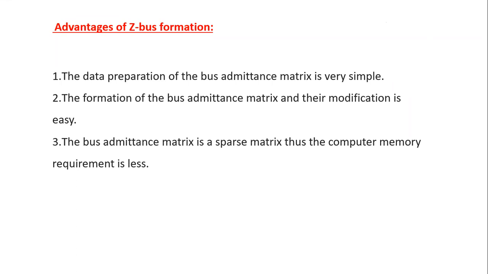A bar, B bar, basic cut set matrix, basic loop incidence matrix, bus incidence matrix, and element node incidence matrix. These are all the incidence matrices. The drawbacks of the incidence matrix will be overcome by using the Z-bus matrix.